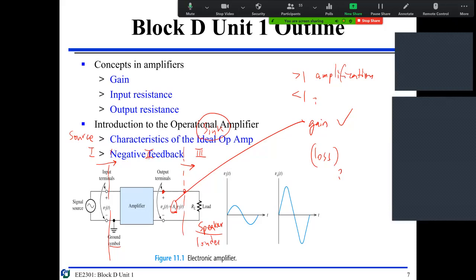Reduction is close. In EE it's actually called attenuation. Amplification versus attenuation. ATT. Okay, attenuation. So it's not amplifying, but attenuated.